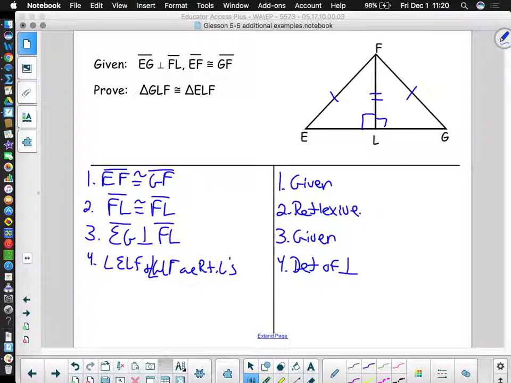We have to state that they're right triangles, because HL requires right triangles. So we aren't going to say the angles are congruent. We're just going to say, oh, triangle ELF and triangle GLF are right triangles. And that's the definition of right triangle. And now we can use our HL.